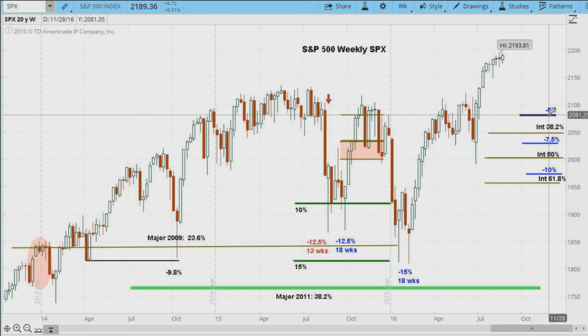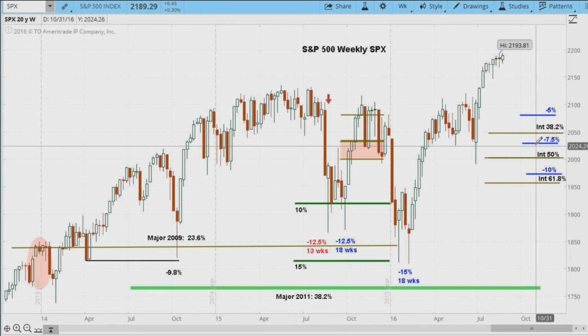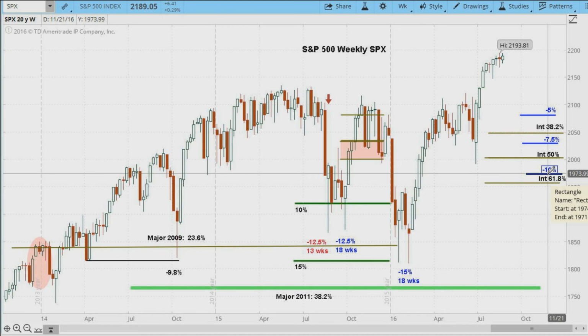Truthfully, that's my highest objective for what I think is going to be the 18th in a row of some kind of a decline in an election year. If it were 7.5%, that would take you down to 2031, which would be a 162-point decline. And if it were a 10% break, it would be down to 1974, which would be about 220 points on the downside in the S&P 500.